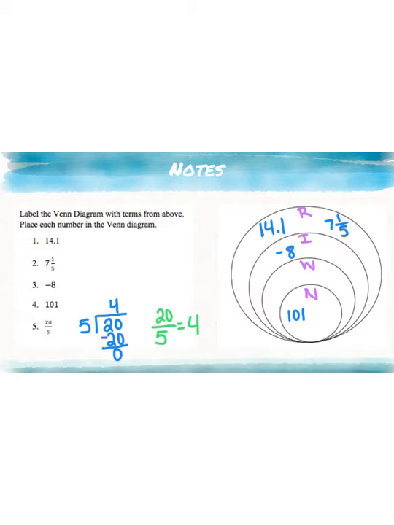Therefore, although it looks like a fraction at first, we know that it is 4 wholes, and so 25 fifths is a positive whole number. It's a counting number. Therefore, it is a natural number. It is also a whole number, an integer, and a rational number. It is inside of all of the circles.